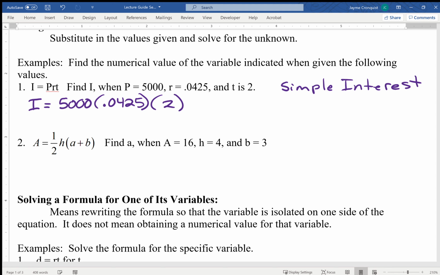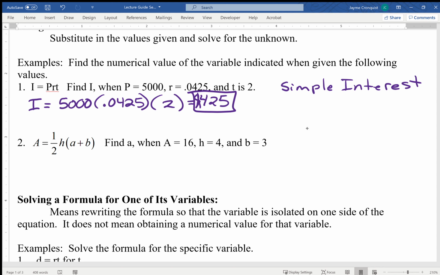So we're just going to put this straight into our calculator like that. 5,000 times 0.0425 times 2. 425. All right. So that's my answer. $425.